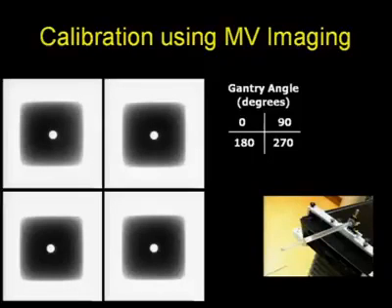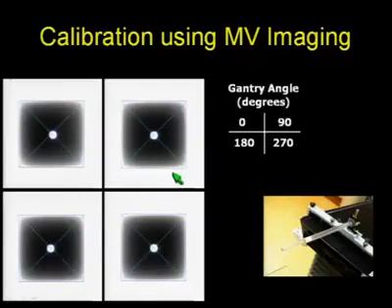So these are 4 of the 8 portal images of the ball bearing. The algorithm automatically detects the edges of the beam and defines what the center of each field is. And some of you may see that the ball bearing for this projection is a little bit off.